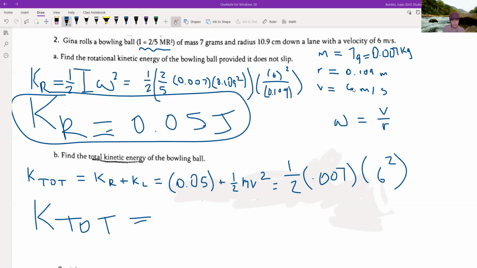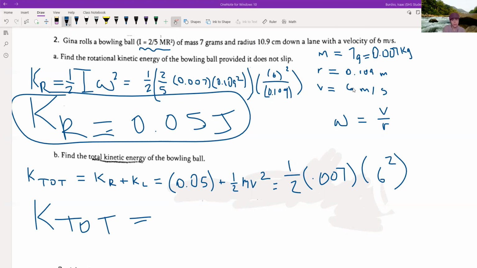0.05 plus 1/2. So 0.007 squared. It did 2. Dang it. These online calculators are so dumb.